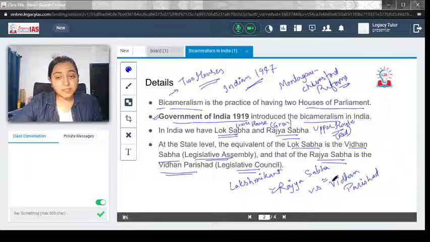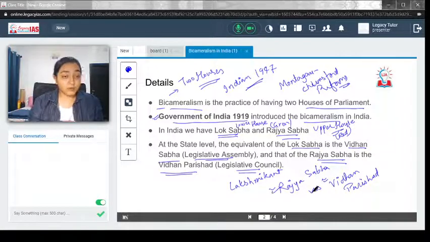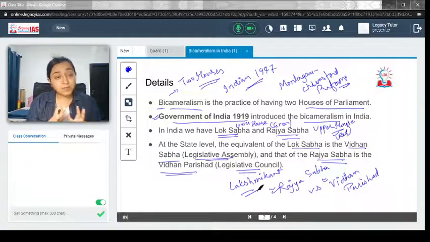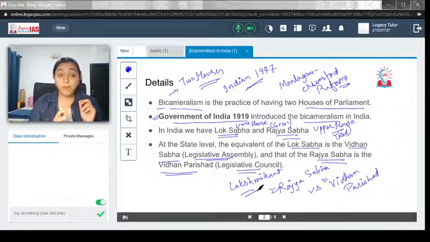The Vidhan Parishad is considered more of a body which is not given much power under the polity of India. You should go through Laxmikanth; it has been explained very simply over there. Go ahead and check out the difference between the powers of Rajya Sabha and the Vidhan Parishad.